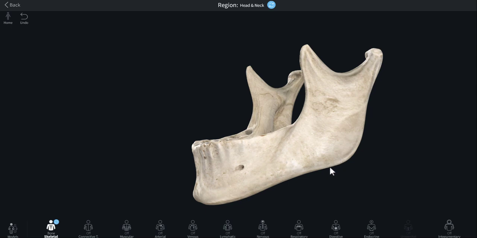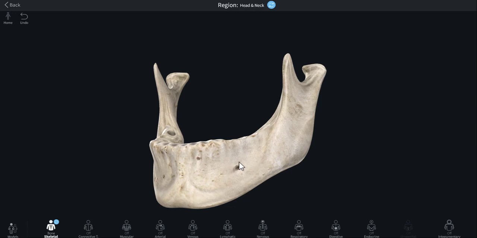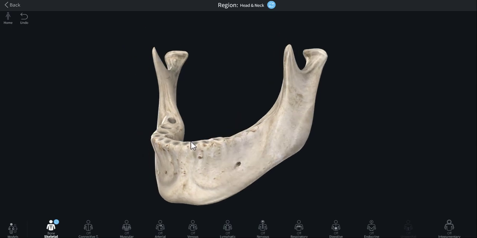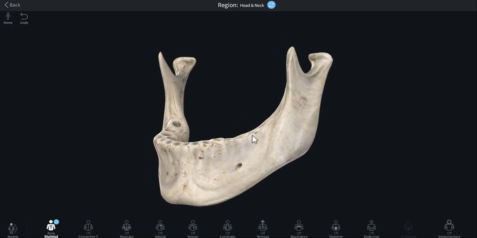However, in elderly people, this mental foramen is closer to the alveolar border because there is erosion of the teeth and jaw sockets. So the more this part gets eroded, the closer the foramen gets to the alveolar border.